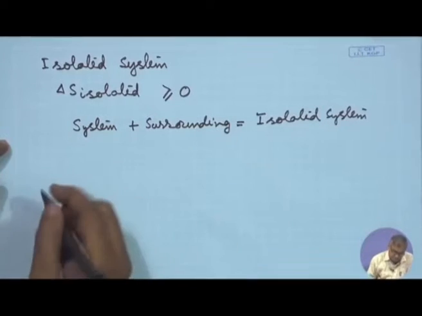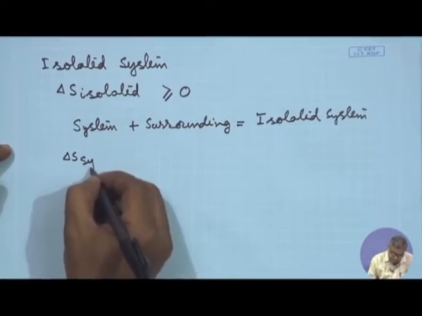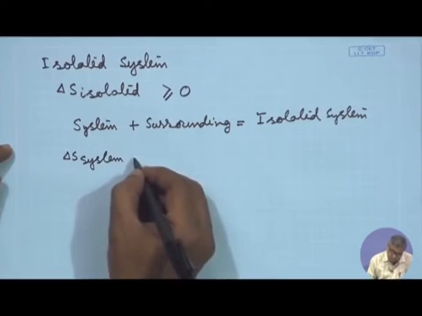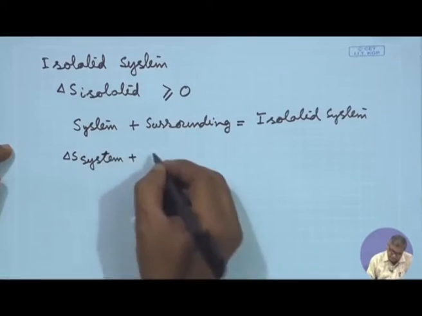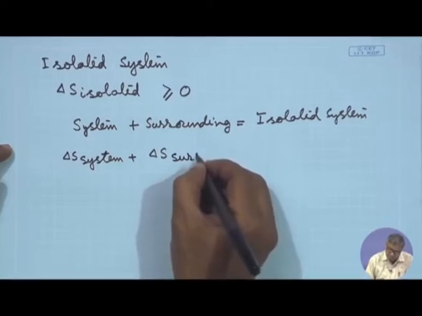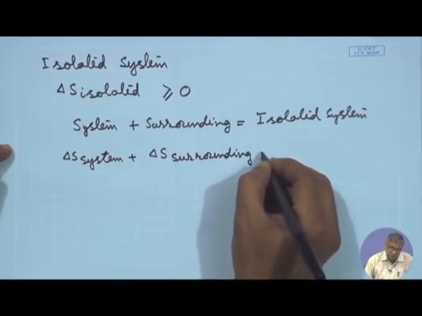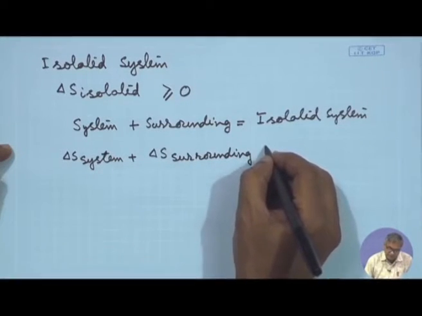So, then you see delta S system plus delta S surrounding is greater than or equal to 0.